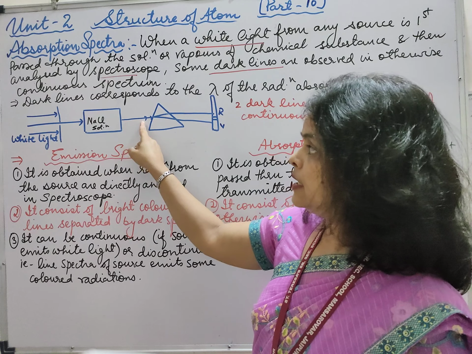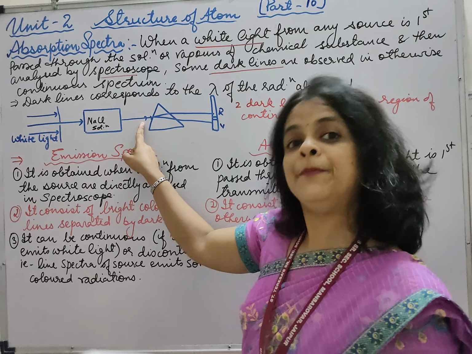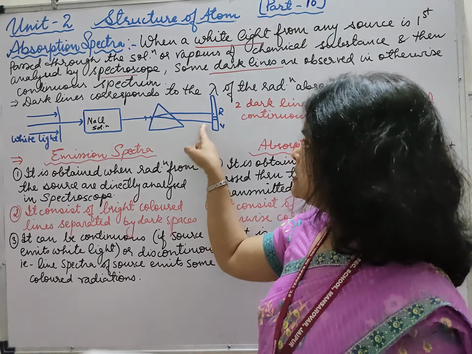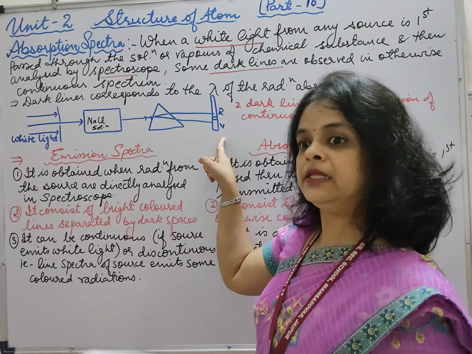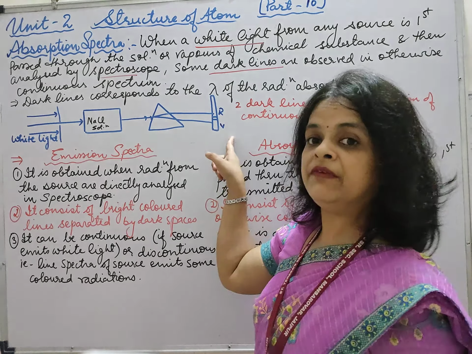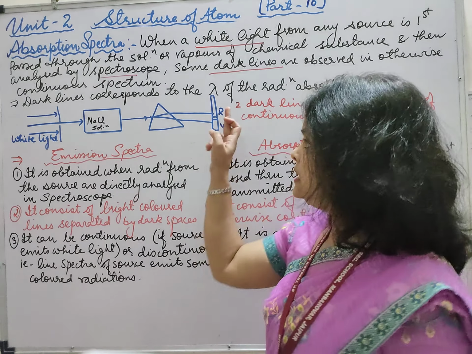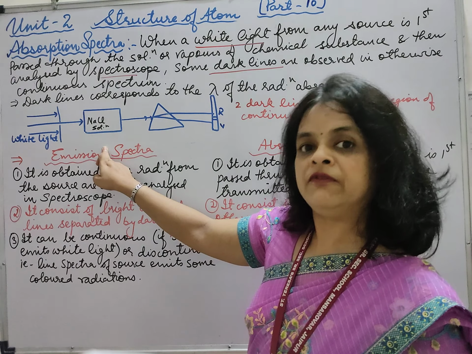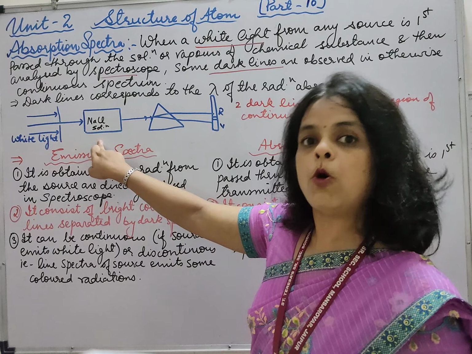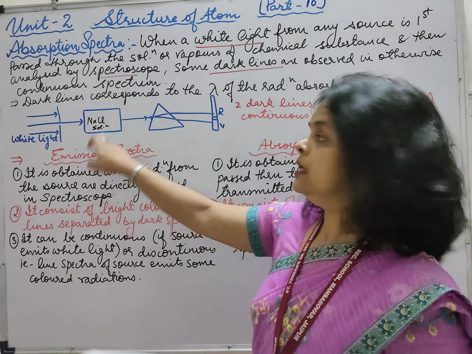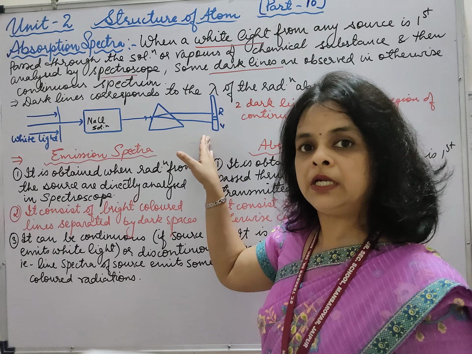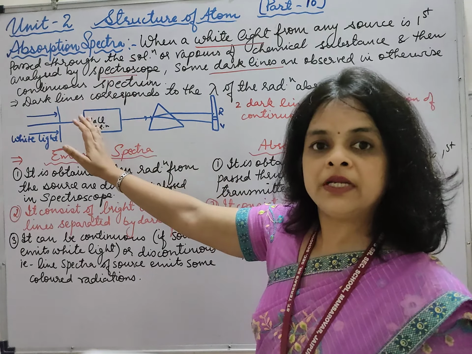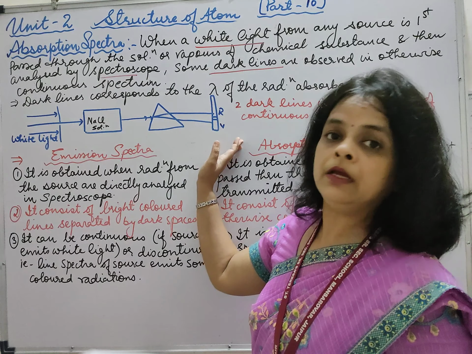अब ये जो white light जा रही है इसमें कुछ radiations missing है, okay, and then when its dispersion takes place we will get a pattern. In this we will get some dark lines, and these dark lines correspond to the color of the wavelength which has been absorbed by the substance. यानी यहाँ पे हमें continuous spectrum मिलना चाहिए था, but हुआ क्या है, कुछ wavelength की radiations absorb कर ली substance ने and they will be missing now.